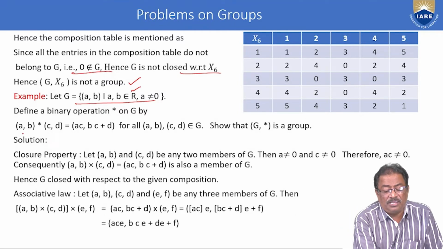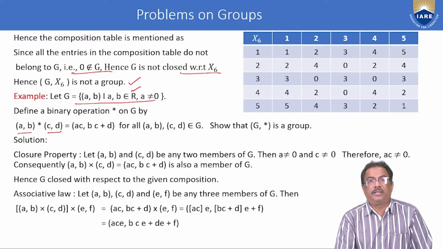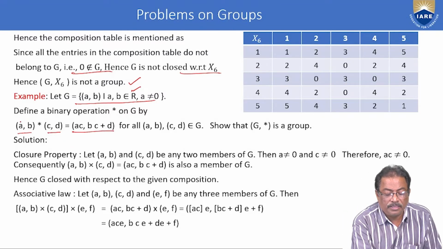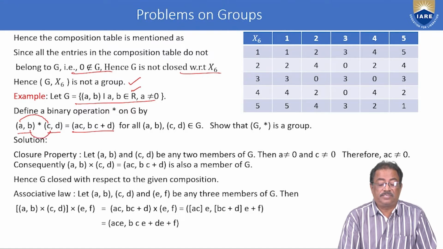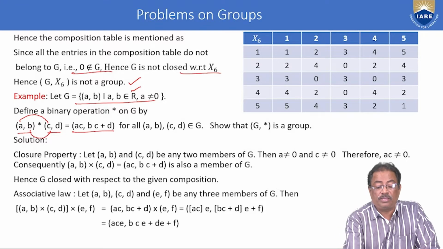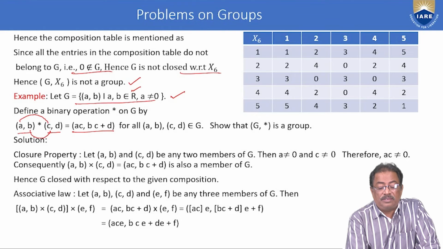Then the relation between the ordered pairs is like this: AC, A into C, and another one is BC plus D. So if I consider any two ordered pairs from the group, between them the relation is this.